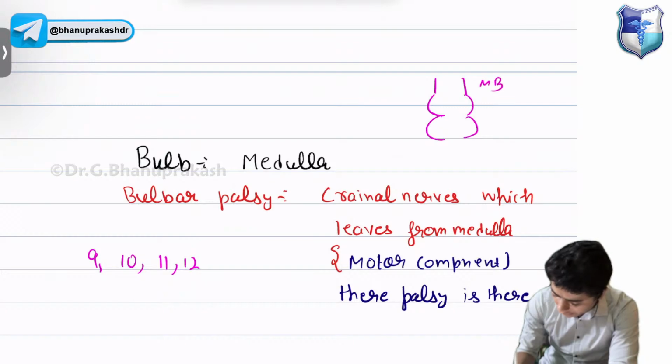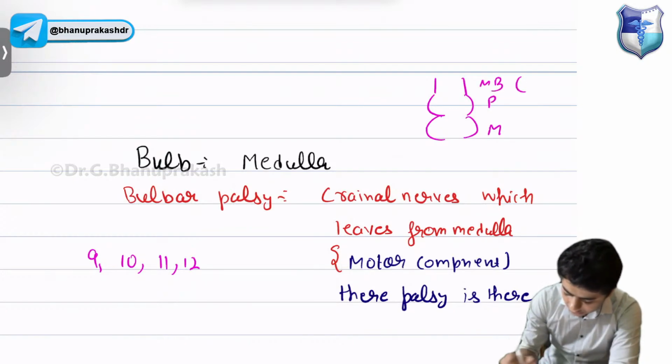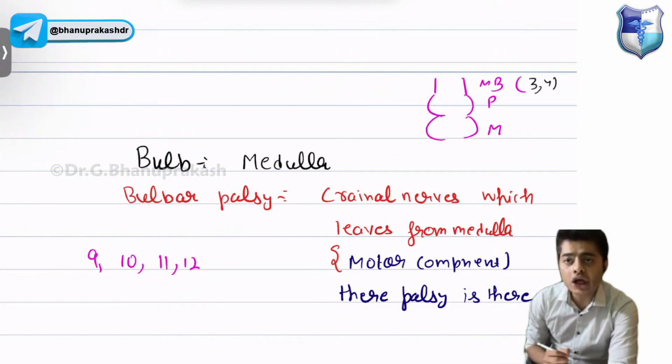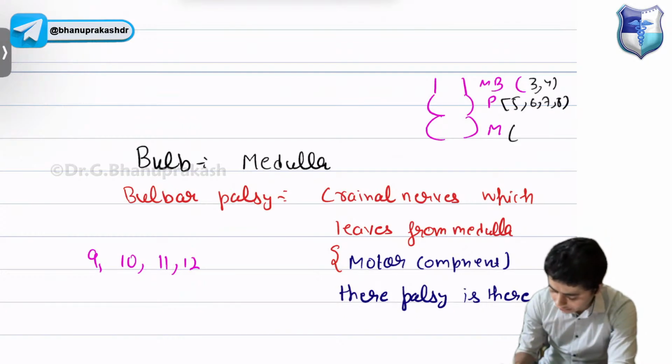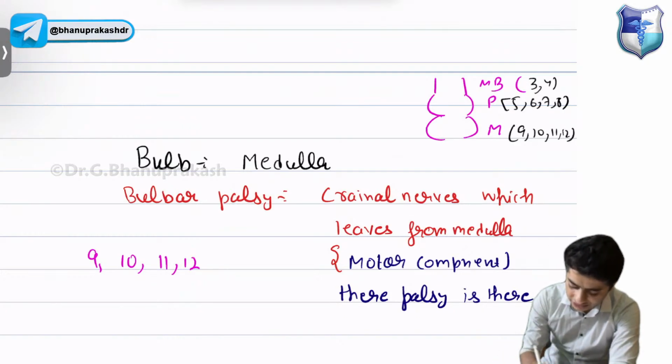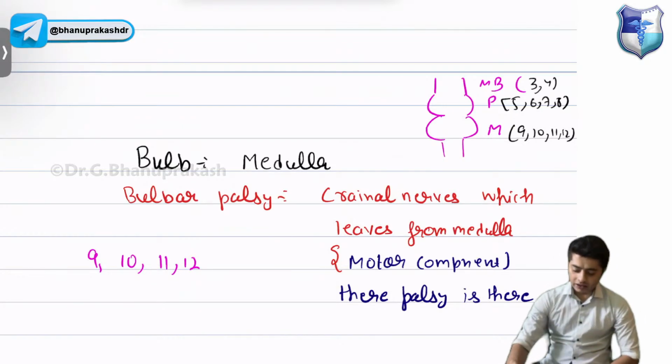From the midbrain, it is the third and fourth nerve. From the pons, it is 5, 6, 7, 8. And from the medulla, it is 9, 10, 11, 12. So that's an easy way to remember.